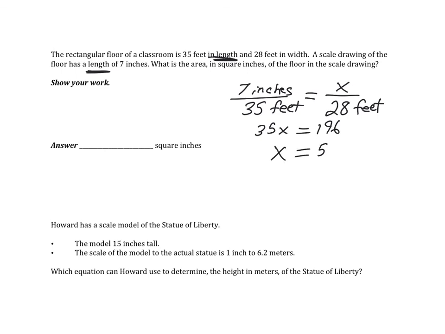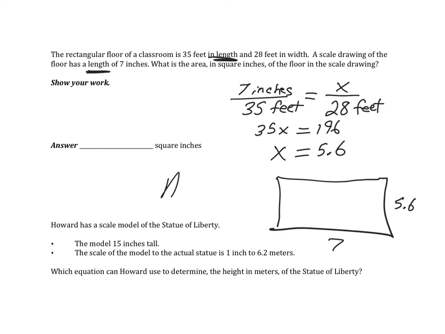So on the drawing, the shape is 7 inches by 5.6 inches. So I can actually draw that out. 7 inches by 5.6 inches. And area is equal to the length times the width. So in order to figure this answer out, you need to multiply those two dimensions. So I'm going to leave that for you to do as well.